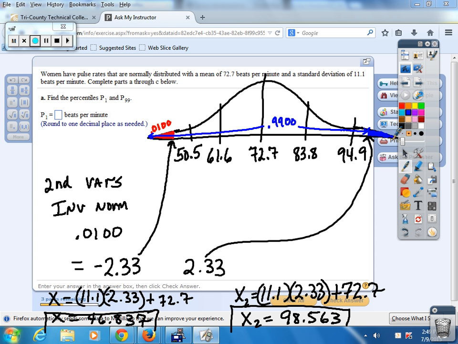When they say 99th percentile, which way do we read? That means everything to the left is 99%, so everything to the right on the blue is what? 1%. See, they're symmetrical. So what did I say? P1 is equal to 46.8, round to one decimal place.